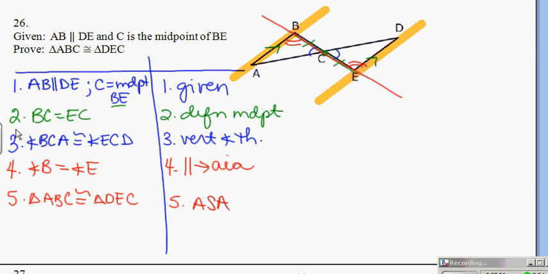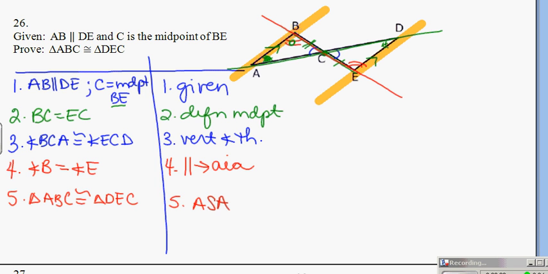by angle, side, angle. Now, if you're curious about the other methods, you can use AD as your transversal, and then angle A and angle D are also equal by alternate interior angles.